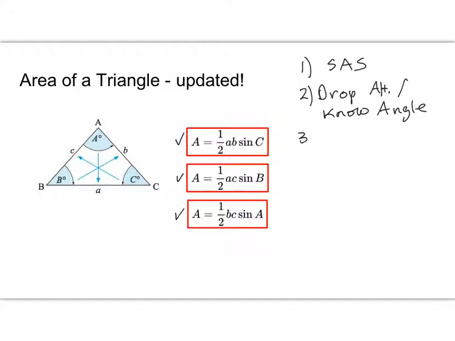And last, you use the sine ratio to find the height. And then you just plug it into the formula for an area of a triangle. Done.